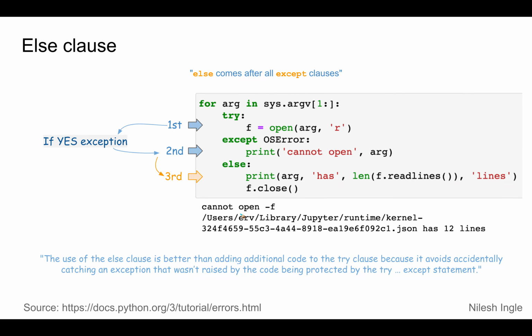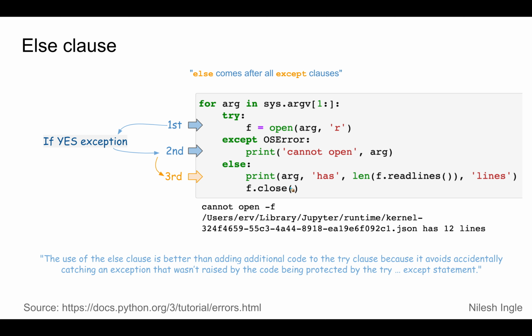Now in the second iteration, this is the complete path to the file, and that path will be in the args. And so this time this would work and there won't be any exception raised, so the except block would be ignored and the control will be passed to the else block.